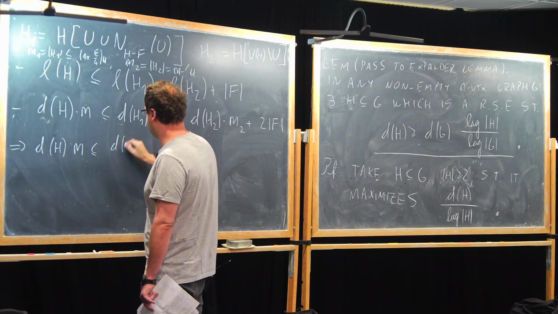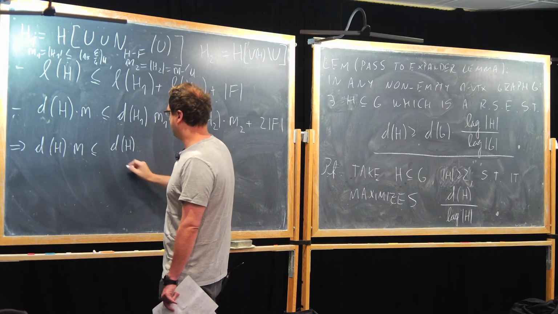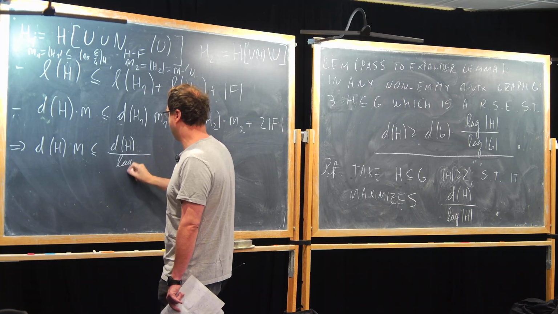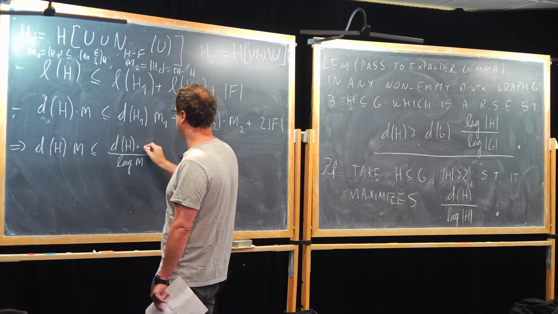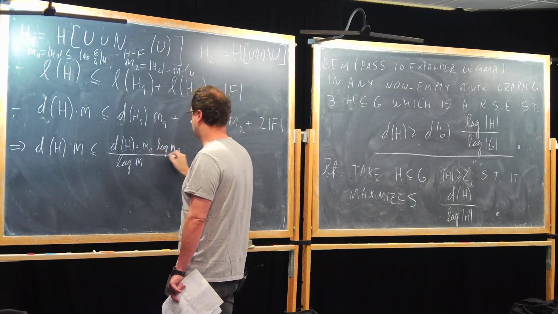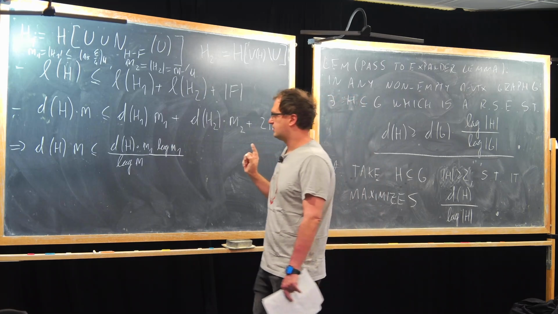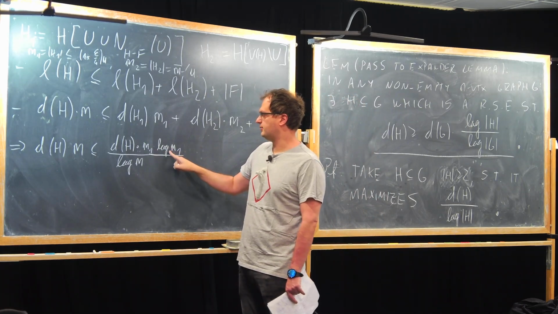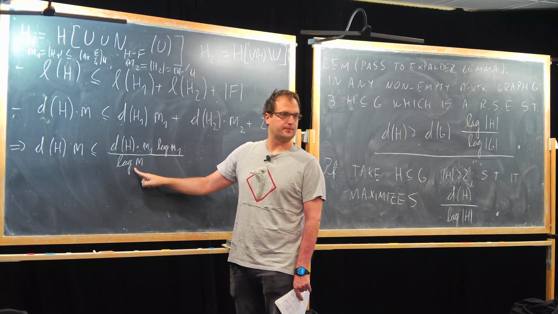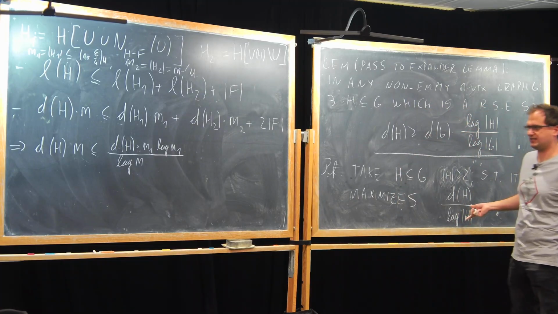So we get d of H divided by log m and multiplied by m1 times log m1. If I did that correctly, right? So d of H1 divided by log of m1 is smaller or equal than d of H divided by log of m. That's just what picking this one as a maximal one tells us.